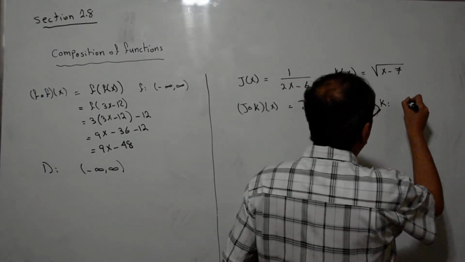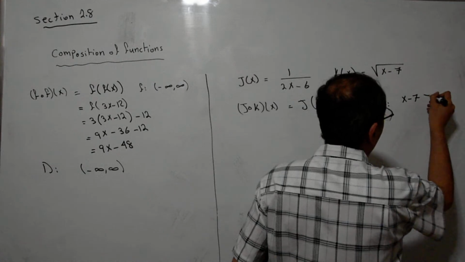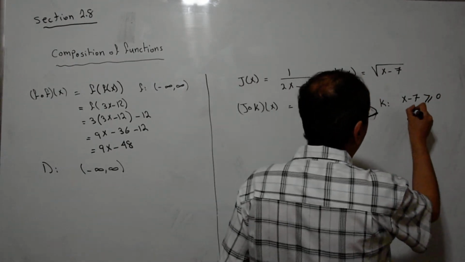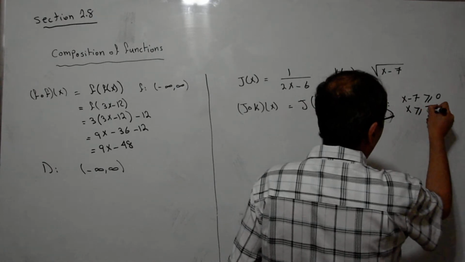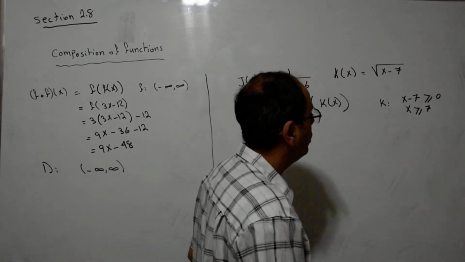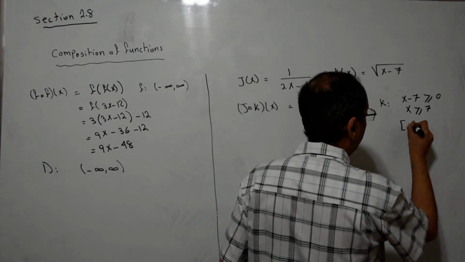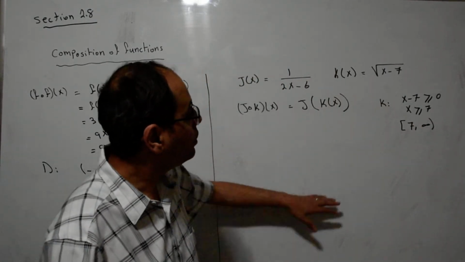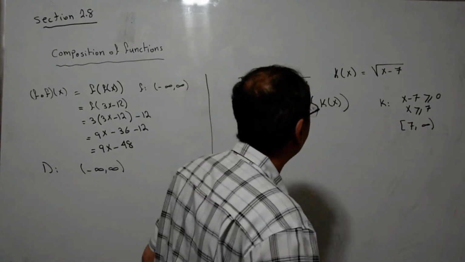So x minus 7 must be greater than or equal to 0. So I got here x is greater than or equal to 7 by adding 7 to both sides. So the domain would be from 7 to infinity. Okay? So this is the domain of k.